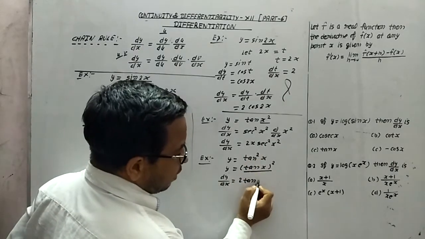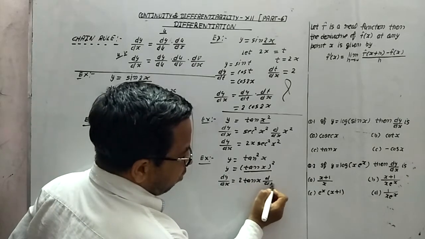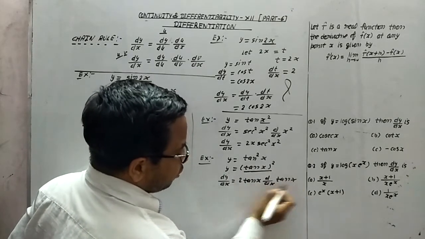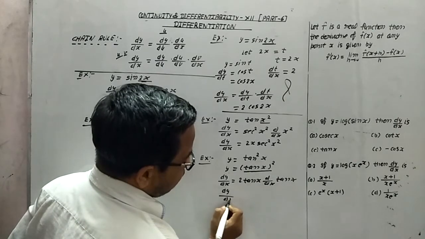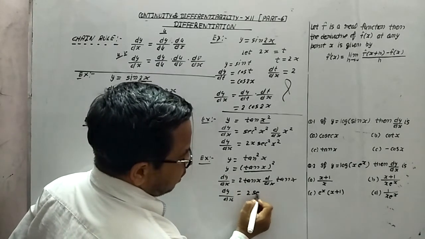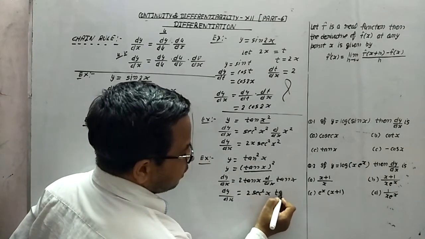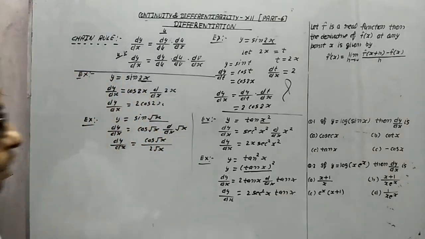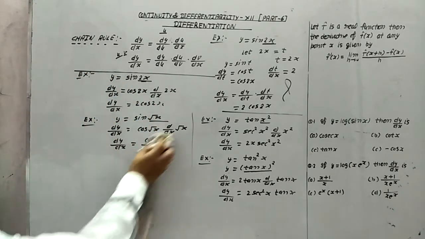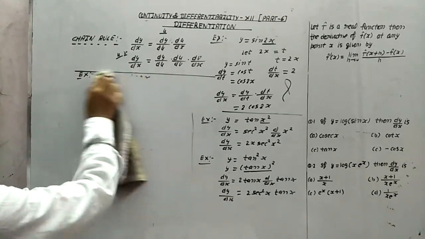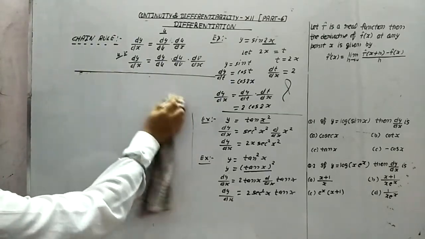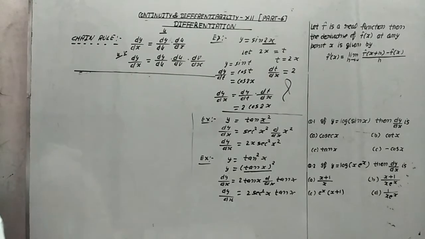Substitute the value of t, tan x, and d by dx of tan x. What is the differentiation of tan x? Differentiation of tan x is sec square x. It means 2 sec square x tan x. So this is the part in which you have to do a lot of practice. Once you do the differentiation using this chain rule, then things will be easy for you.